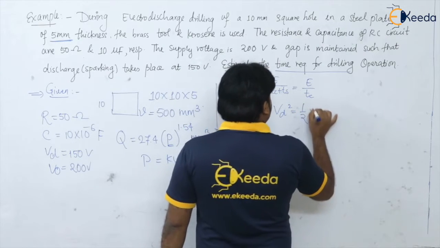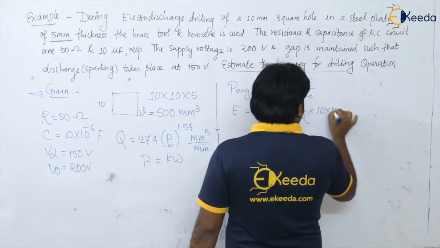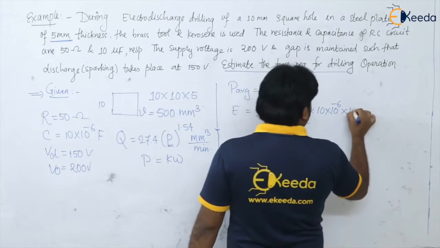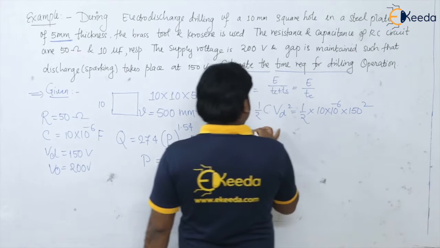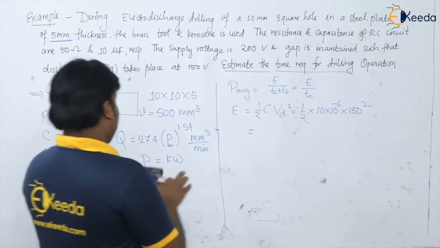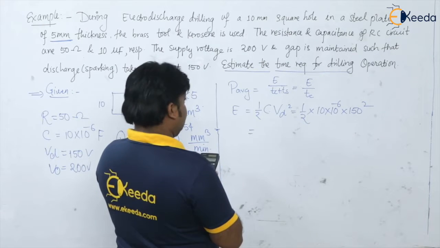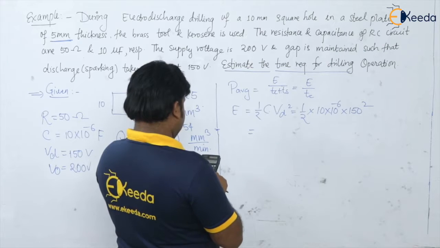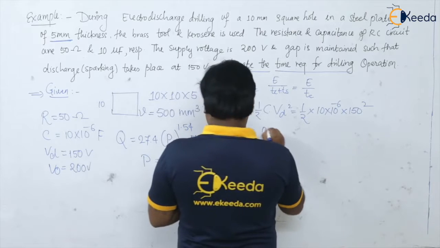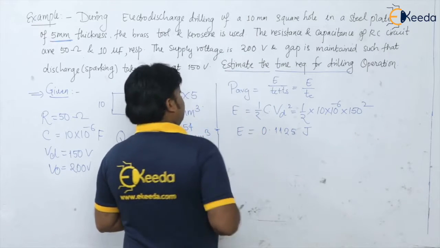Half into capacitance, how much? 10 into 10 to the power minus 6, into discharge voltage, how much? 150 volt. So E is 10 into 10 to the power minus 6 into 150 into 150 divided by 2. So it is 0.1125 joules. So this is the energy we got.